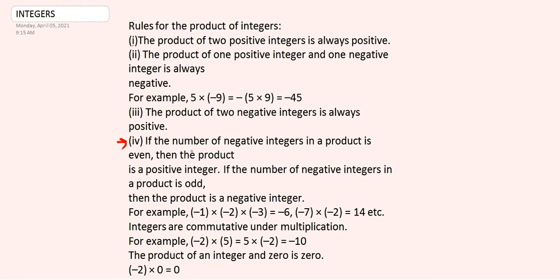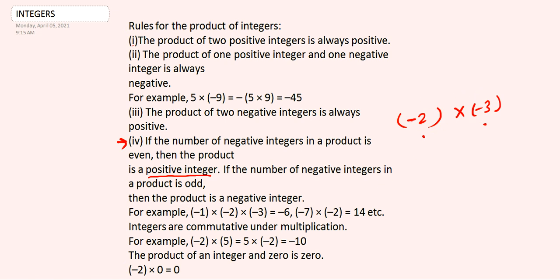Next is, if the number of negative integers in a product is even, then the product is a positive integer. Number of negative integers in a product is even. Even means what? For example, minus 2 into minus 3. As you can see in this example, we are having here only two integers, minus 2 and minus 3.